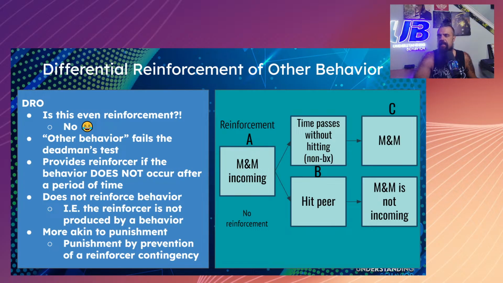So yeah, if you're using a DRO, it is a reduction strategy, so we have an ethical obligation to also teach a replacement behavior. But yeah, it's often used in combination treatments and to just add another element to reduce the target behavior faster.